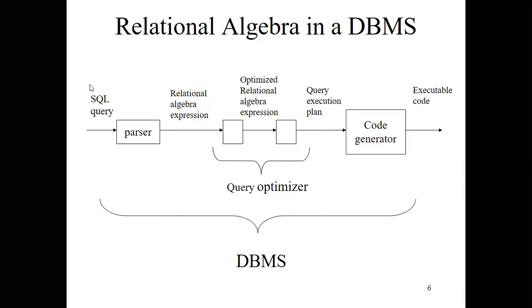The user gives the SQL query as input, and finally that is converted into executable code, which is applied to our actual stored databases, and the requested data is fetched. So behind the scenes, whenever we give a SQL query to the DBMS, it is converted to a mathematical expression in the form of relational algebra, that is, in terms of operators and manipulators. That's what this diagram is depicting.